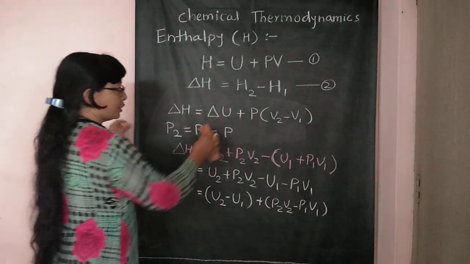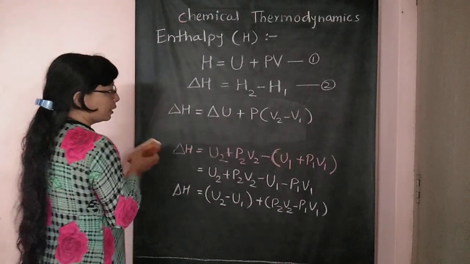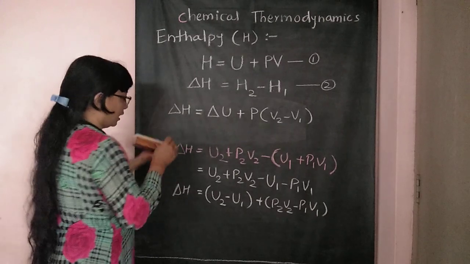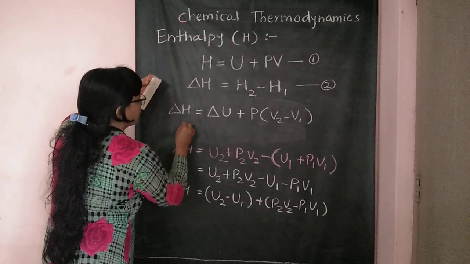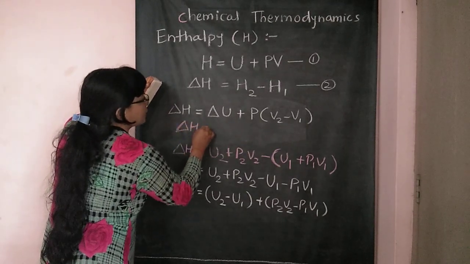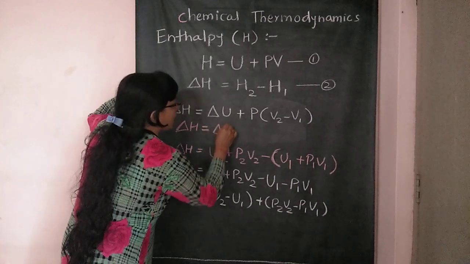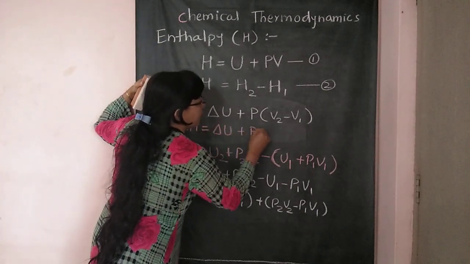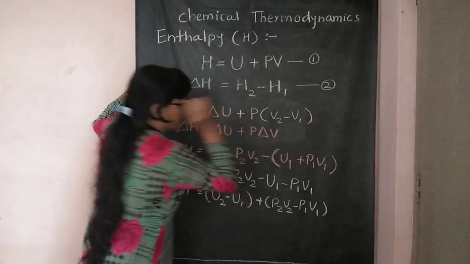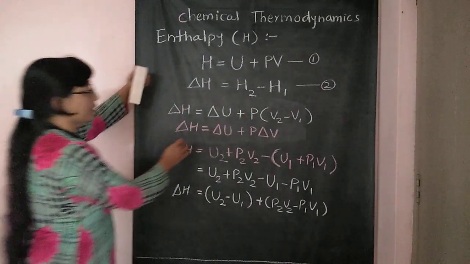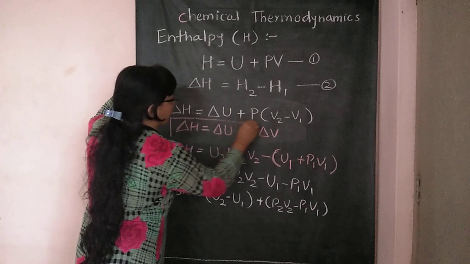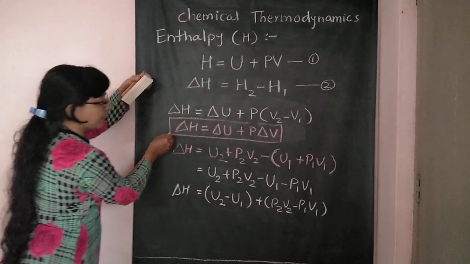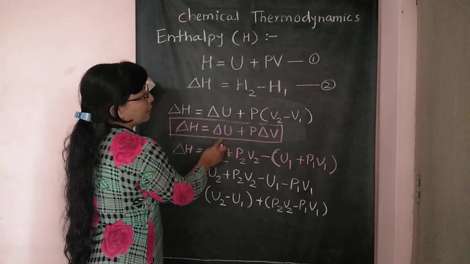Therefore this equation finally becomes delta H is equal to delta U plus P delta V. This is the final step of this derivation.